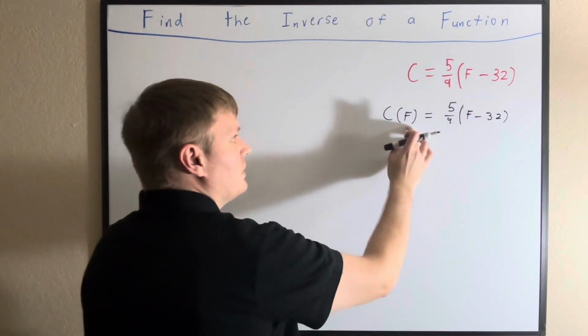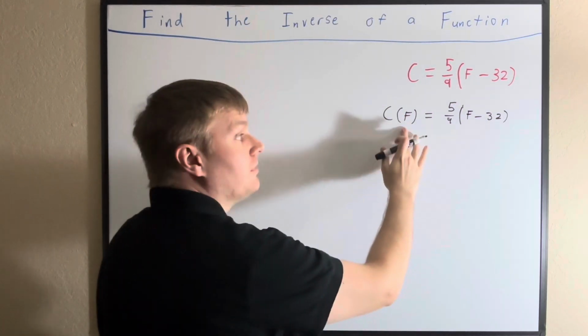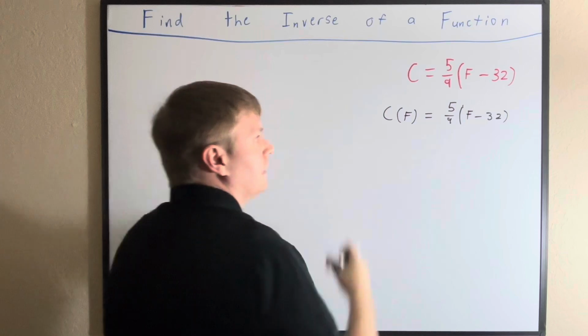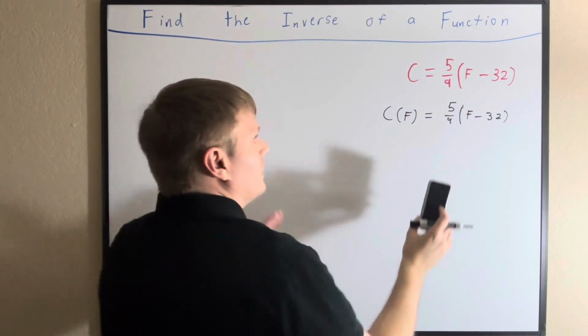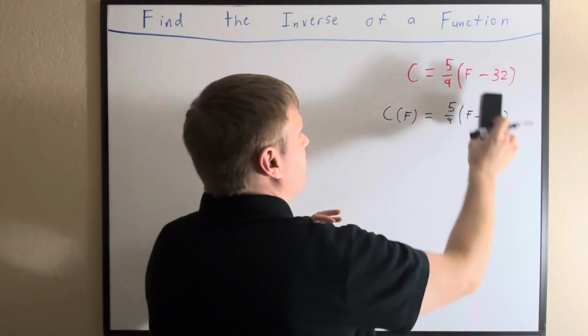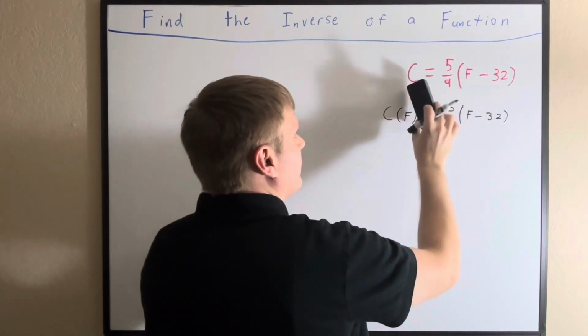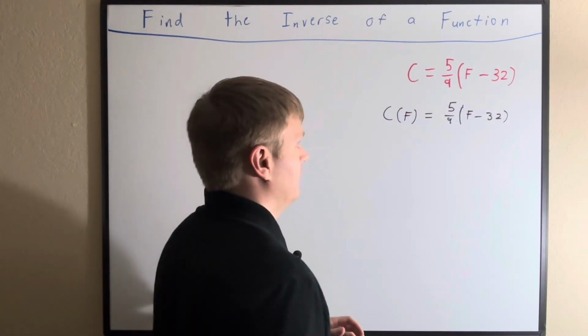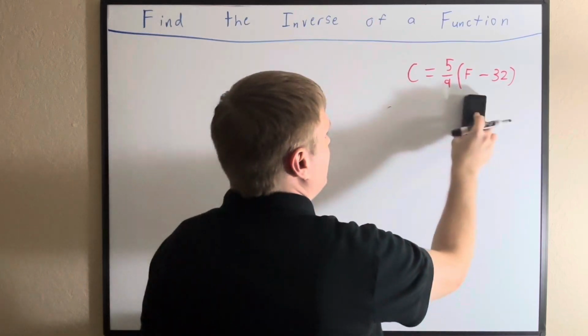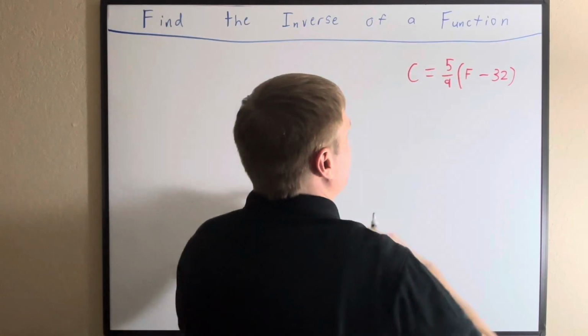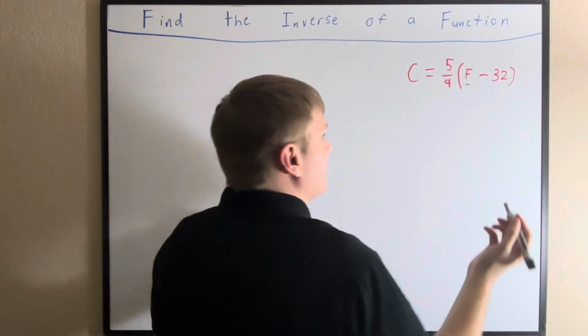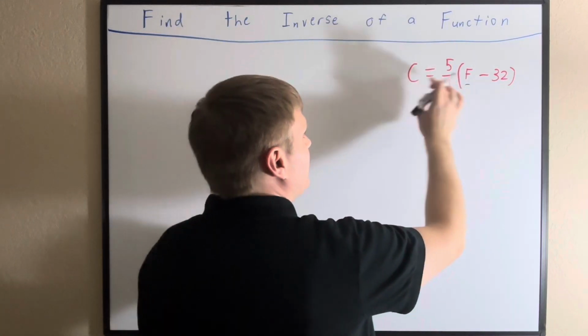It's a function in terms of F, Fahrenheit, right? Now, we're just going to swap. We want to make our input here our new output. So, what do we do? We just solve for F. That's all we're doing. We're solving for F in terms of C.